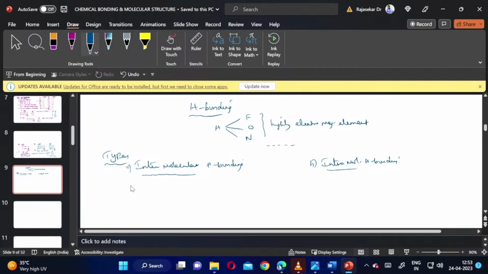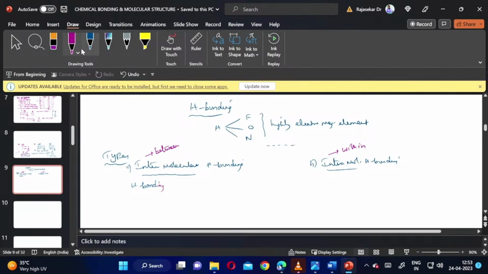Simply remember, intermolecular hydrogen bonding is present between 2 molecules. Inter means always what? Between. Correct or not? Intra means what? Within. Okay. The hydrogen bonding is present within the molecule. Here, hydrogen bonding is present between the molecules.